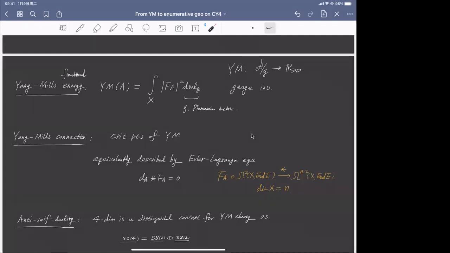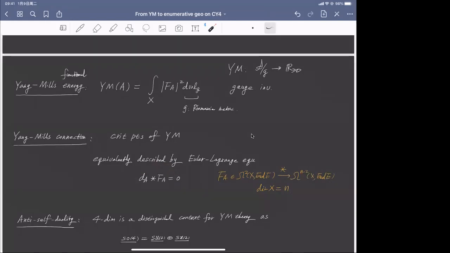So this is the meaning of this equation. Critical points of this Yang-Mills energy can be verified to satisfy this equation, and we call such a connection a Yang-Mills connection. So a Yang-Mills connection is a connection satisfying this equation.